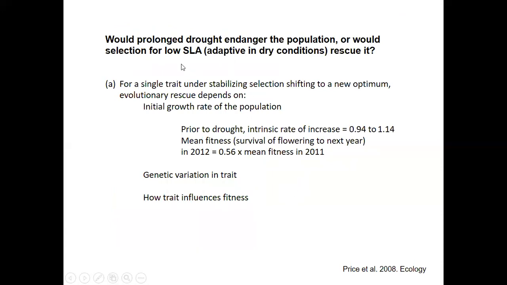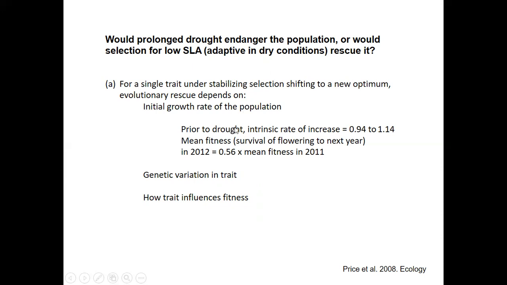Okay, so focusing in on this trait of specific leaf area, can selection for that trait rescue the population? All right, so here's some of the parameters for the initial growth rate of the population.